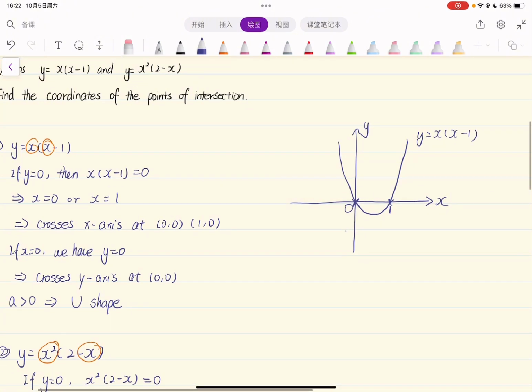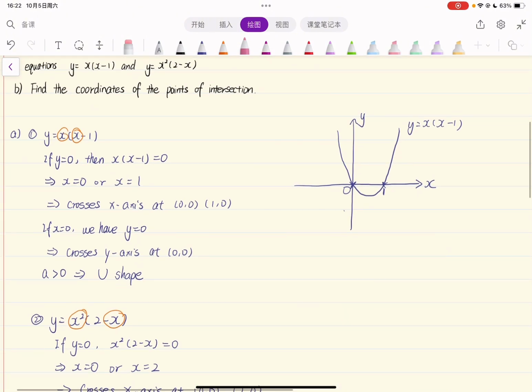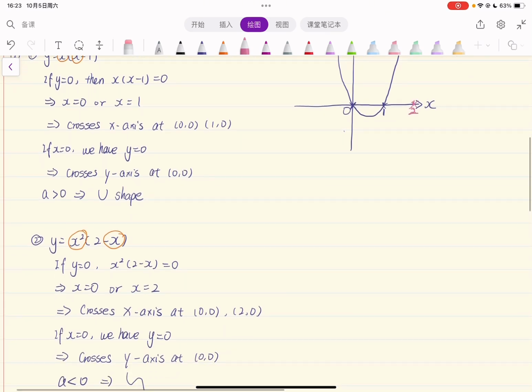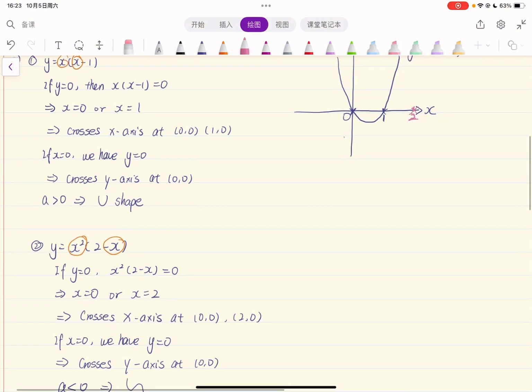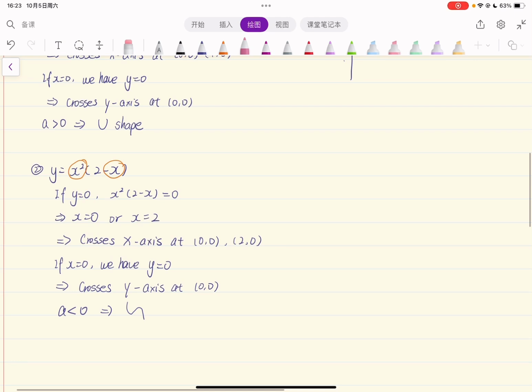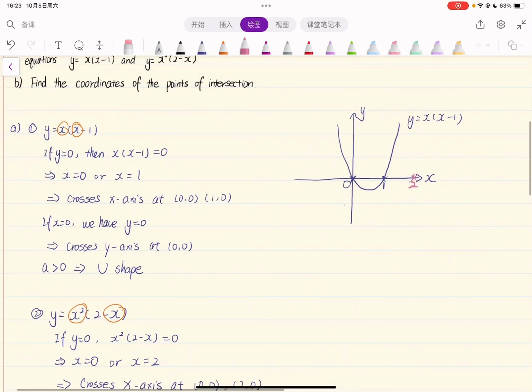Now let me change to another color to draw the cubic one. So we have the curve crossing the x-axis at (0, 0) and (2, 0). So 2 is probably over here. And the y-axis also at the origin. We know the shape of the cubic function, so what we have looks something like that.